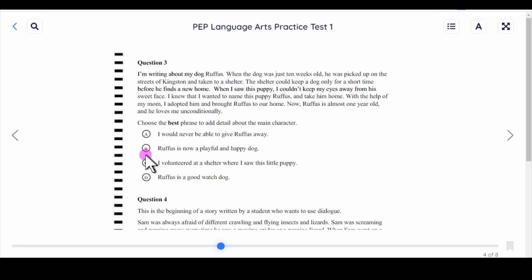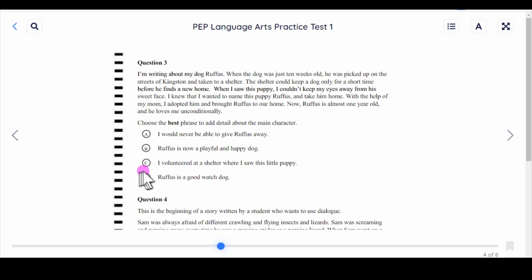Okay. Rufus is now a playful and happy dog. All right, so this one is about Rufus. And next one, I volunteered at the shelter where I saw this little puppy. Again, this one is about the writer.